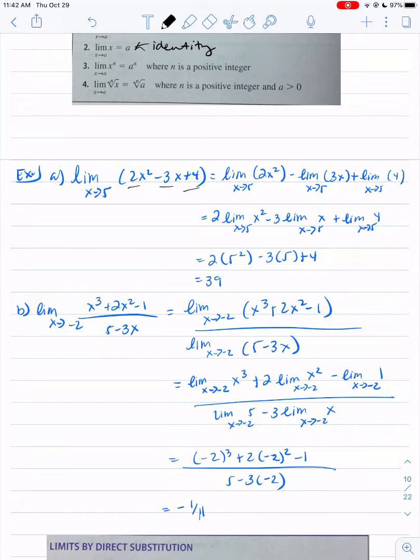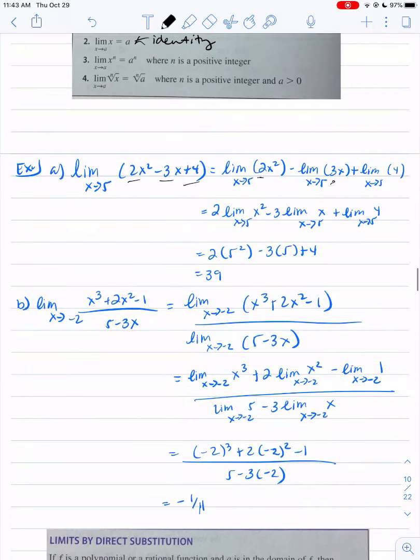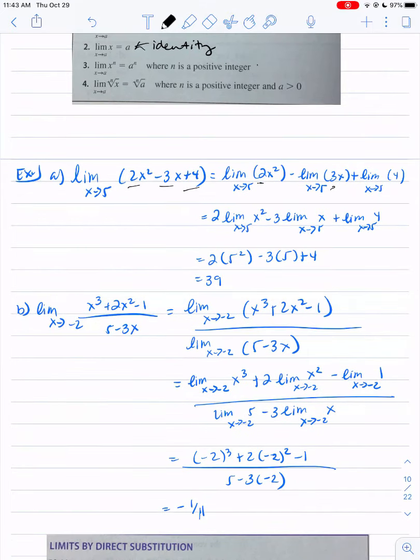So I could take out the 2 for the constant multiple, get 2 times the limit as x approaches 5 of x squared, minus, and I could take out the 3, limit as x approaches 5 of x, and then the 4 just stays the same.